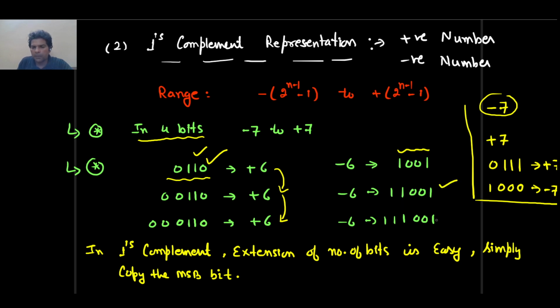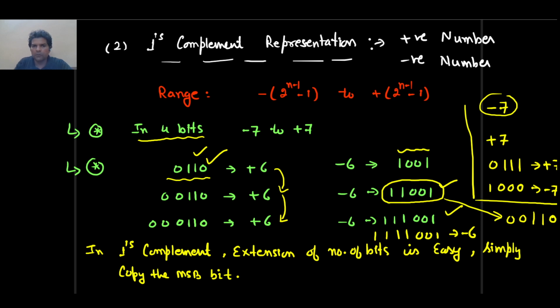How do we say this is minus 6? Take the ones complement of this, which is 0, 1, 1, 0, 0. So 0, 0, 1, 1, 0 is plus 6, and this number is minus 6.